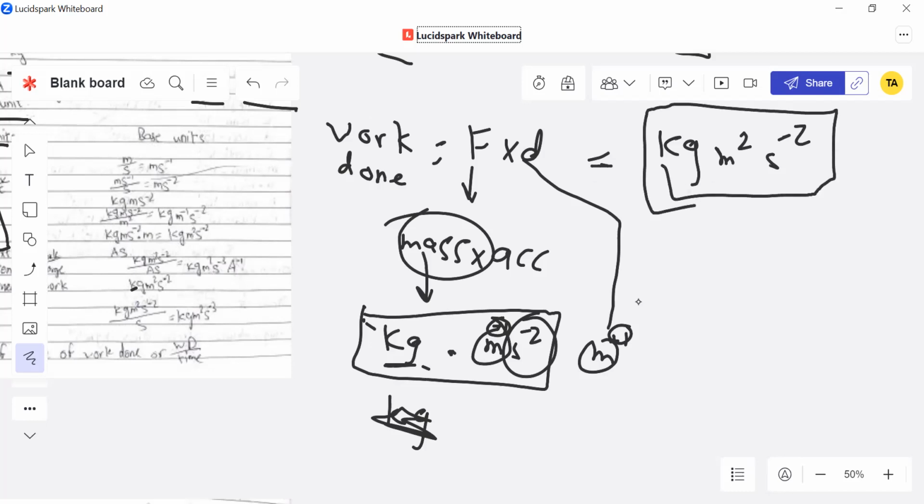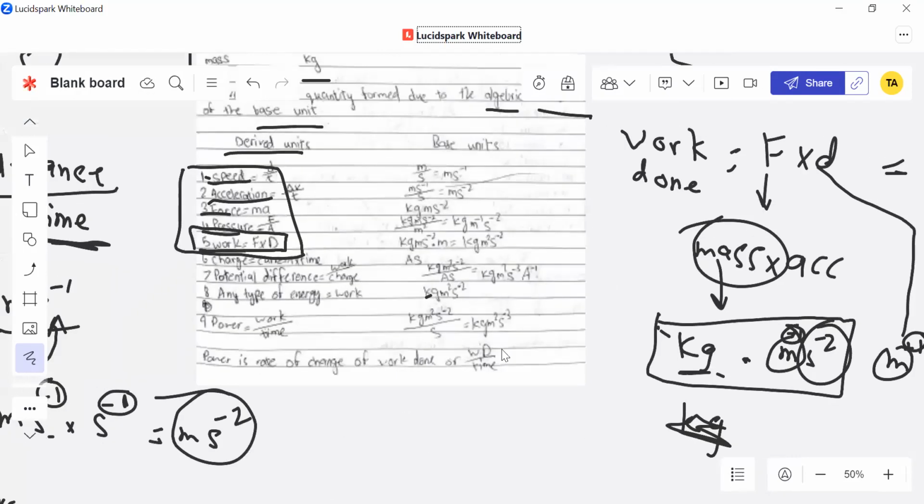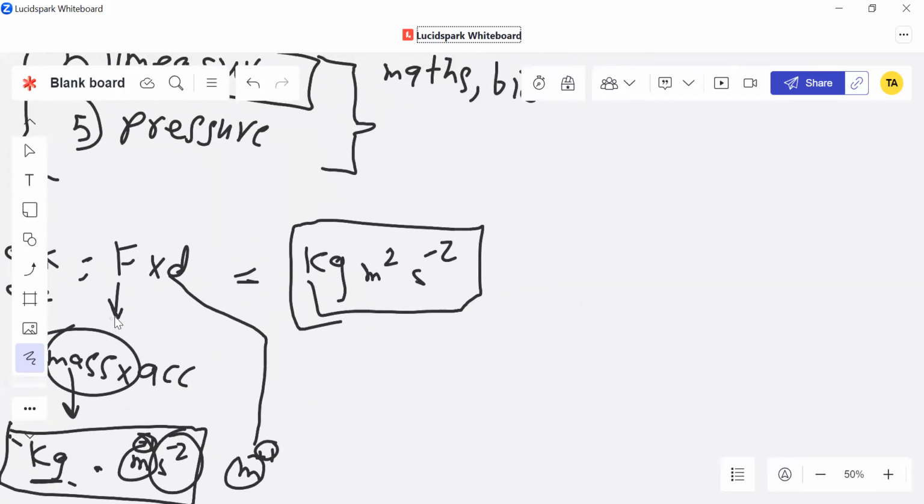Memorize this because you'll find work done in a lot of chapters. So work done, I said it's kg m2 s negative 2, right? And there's another rule that you need to memorize. It's that all energies will have the same unit of work done.